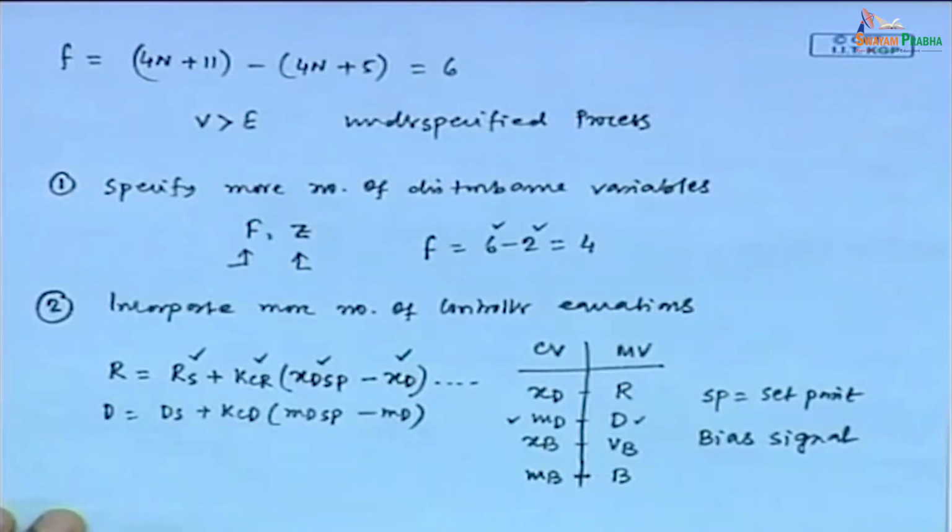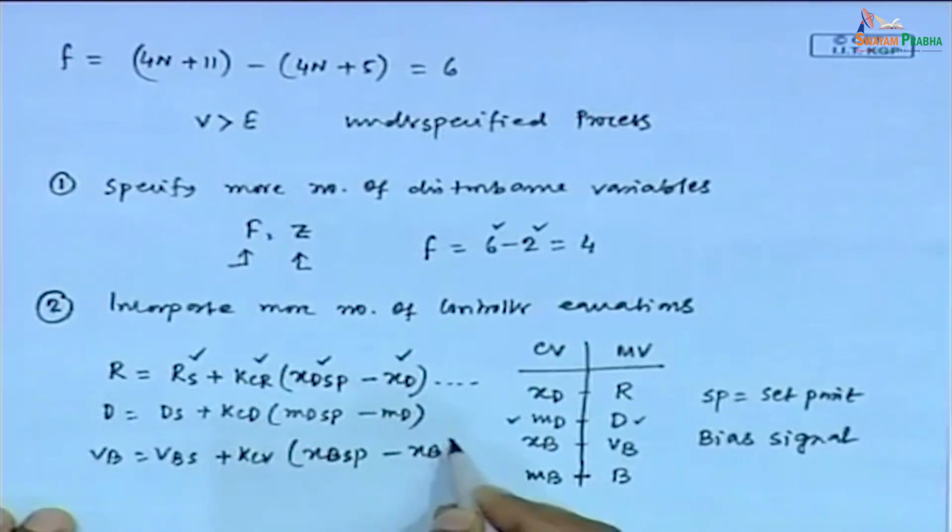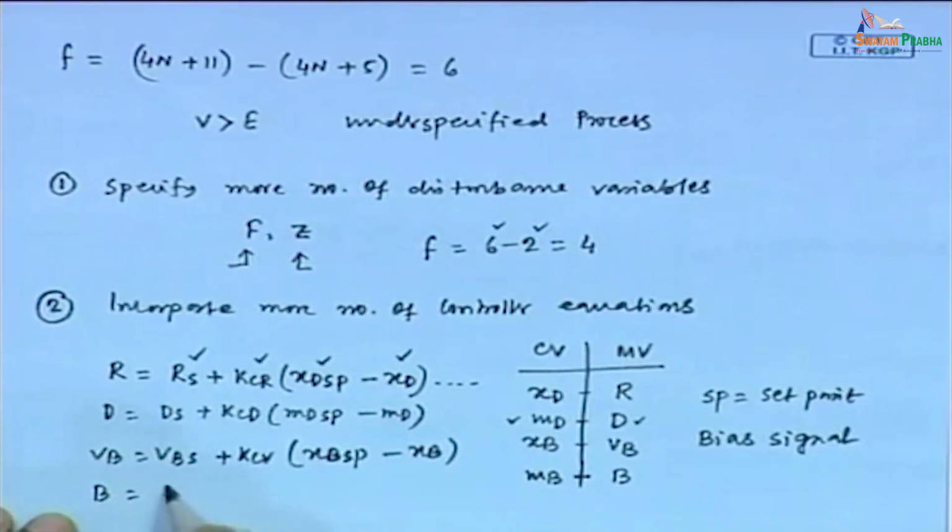Fine. For VB, we can write VB equals VBS plus KCV, XB set point minus XB, and last equation is B equals BS plus KCB, MB set point minus MB.